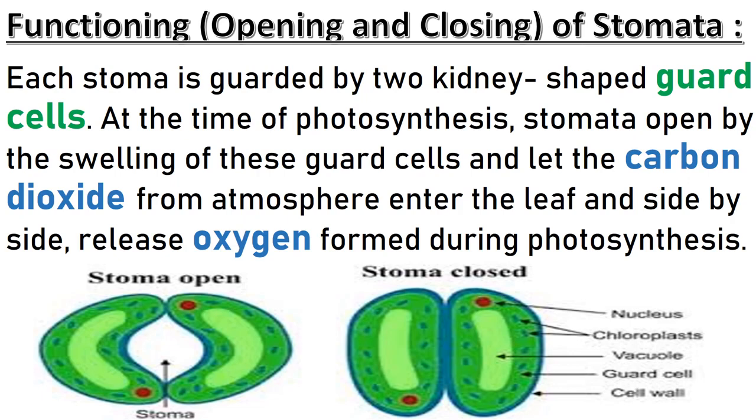At the time of photosynthesis, stomata open by the swelling of these guard cells and let the carbon dioxide from the atmosphere enter the leaf and side by side release oxygen formed during photosynthesis.